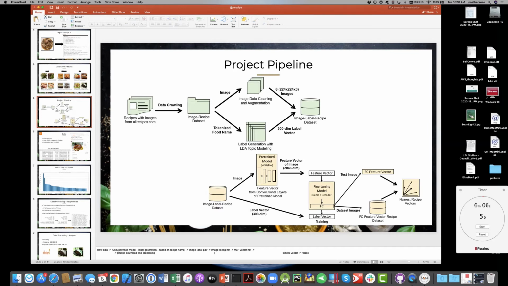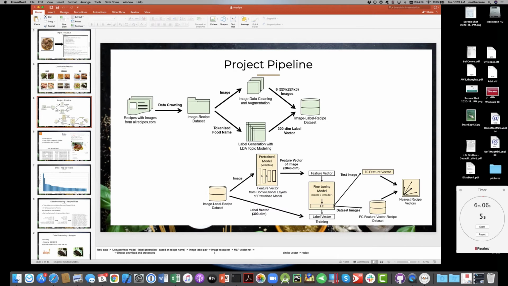It goes into the fully connected layers here, and the upper feature vector is the input created from the convolutional layers of the residual network or the VGG. It's then trained to predict the label vector. So there's some loss, and the loss is applied against the label vector.